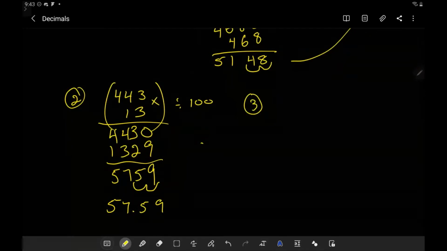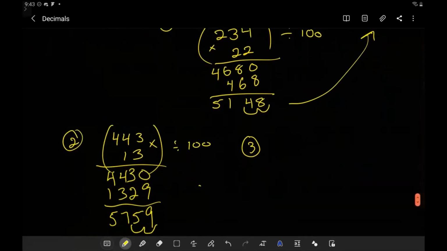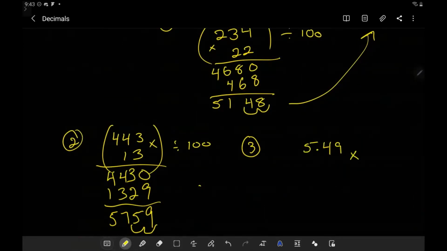Right, number 3. We have 5.49 multiplied by 130. So 549 multiplied by 130.